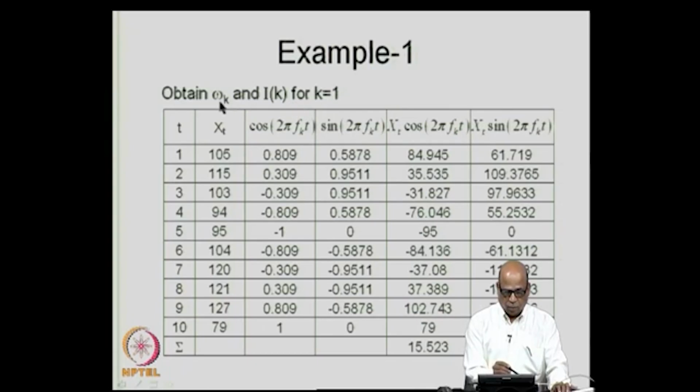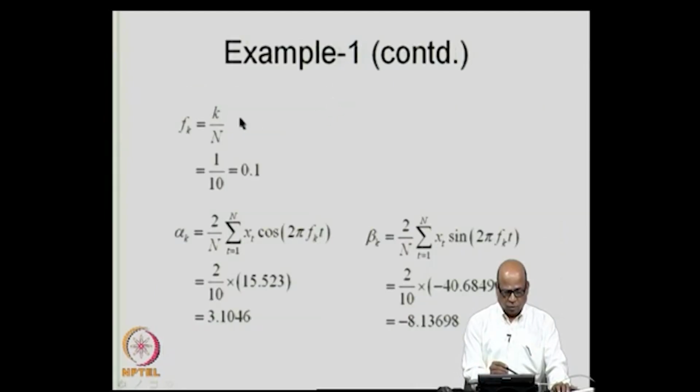We are determining omega k and I k for k is equal to 1. Because k is equal to 1, you know f k is equal to k by n, n is 10 in this case, therefore, f k is equal to 0.1.